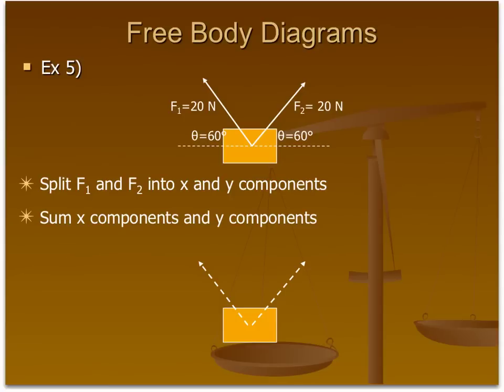When you look at this, notice that if we take our F1, we're going to end up with an Fy and an Fx going in those directions. And if we do the same thing for F2, notice that we're also going to have a force acting in the upward direction and also towards the right.